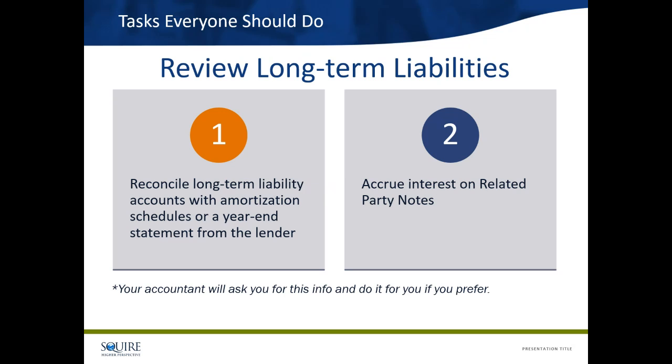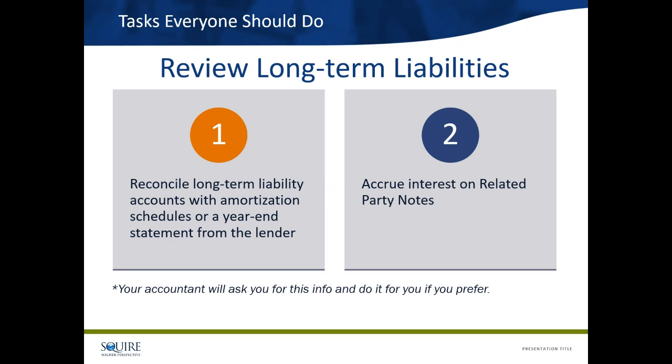And then your interest expense is understated because you haven't been recording the portion of that that goes to interest expense, and then sometimes fees as well. So you'll want to make sure that you do that reconciliation, that your liability is reflected correctly, and you're capturing that interest expense, because after all, we want to get those expenses into the system accurately for our tax return.